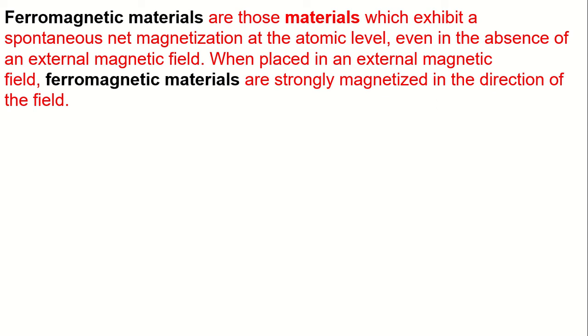When a ferromagnetic substance is placed in an external magnetic field, then the magnetic field inside the ferromagnetic substance increases many times. If a ferromagnetic substance is placed in a non-uniform magnetic field, it rapidly moves from the weaker area to the stronger area.